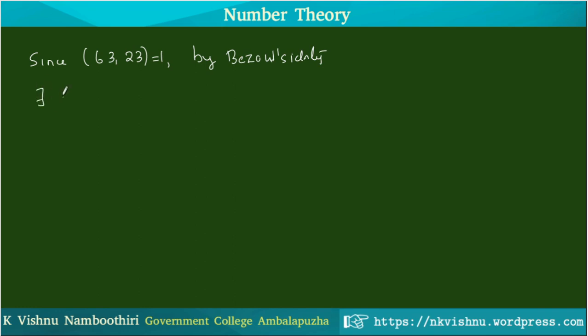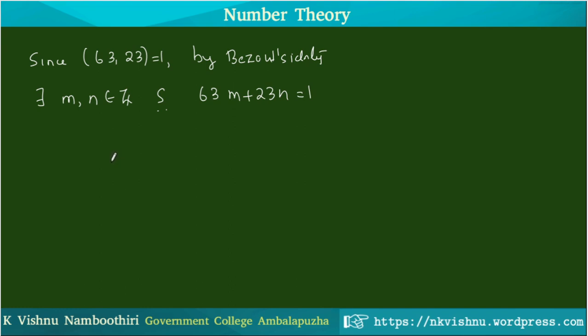There exist m, n in integers such that 63m plus 23n equal to 1. This is quite clear.